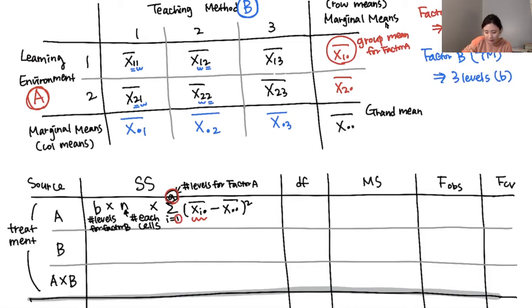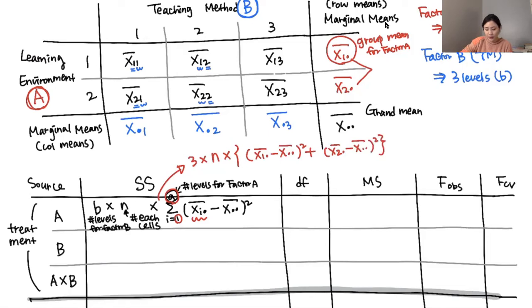So we can rewrite this one, because we have 3 levels for teaching method, as 3 times n, since we don't know how many test scores we observed, times, because we have only 2 group means, x1 dot bar minus x dot dot bar squared plus x2 dot bar minus x dot dot bar squared.